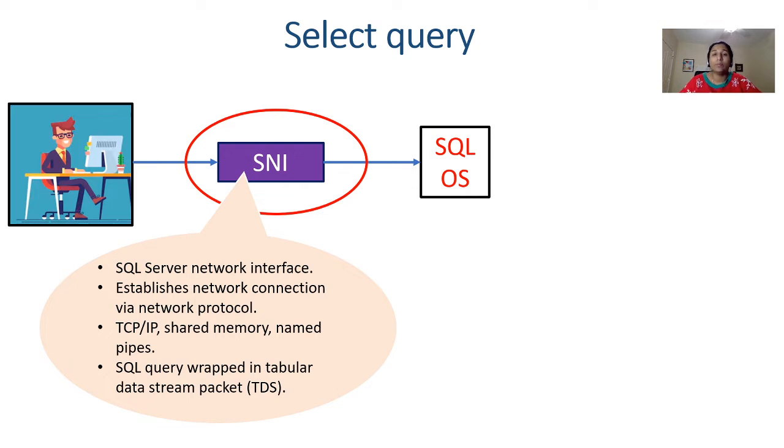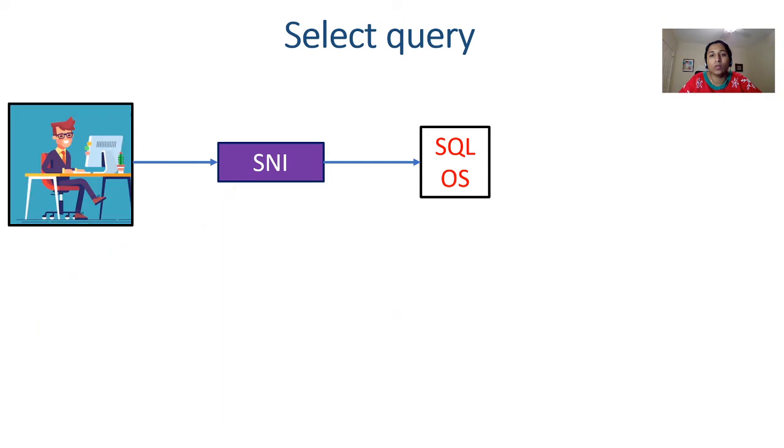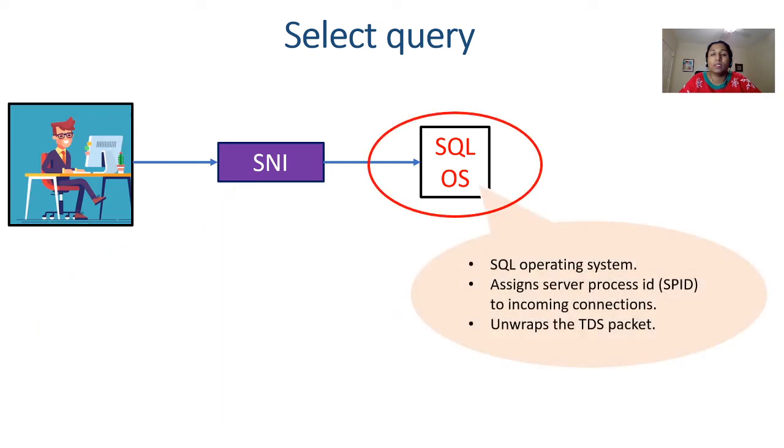So once the TDS packet has reached the SQL operating system, the SQL operating system will identify that incoming connection as a SQL connection, and it will first assign a SPID to it. You know the SPID, right? Whenever you do sp_who2 or sp_who, you see those SQL process IDs, the SPID number 65, SPID number 94. Those SPIDs are the active connections which are made to the SQL server.